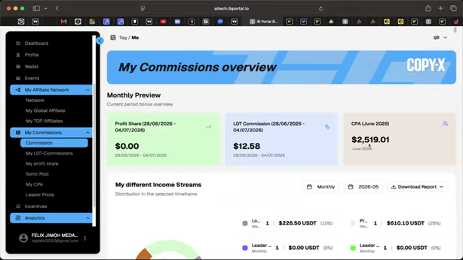If you're in Nigeria, if you multiply $2,500 by 1,400, that should be an average of about 3.5 million naira. So these are other commissions.